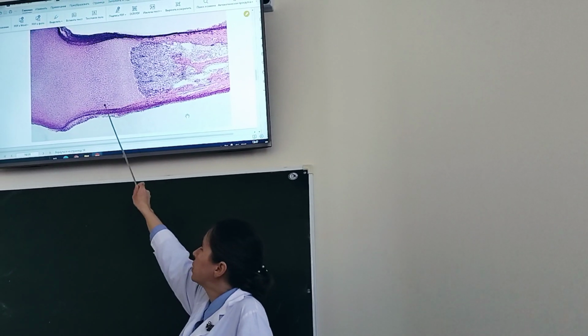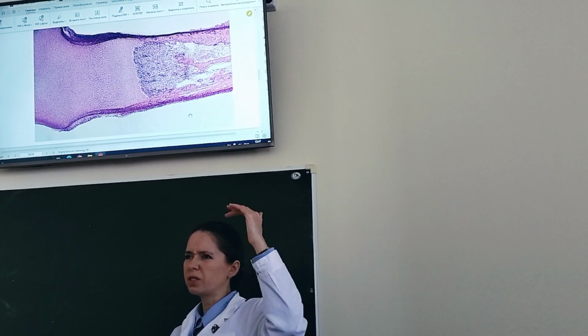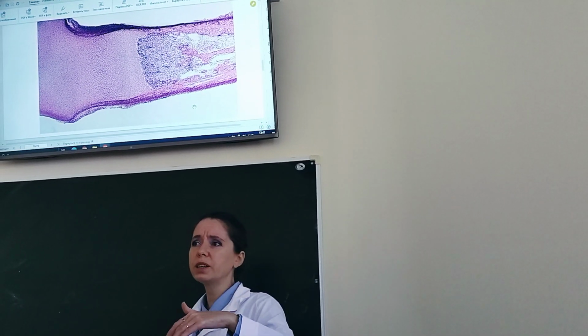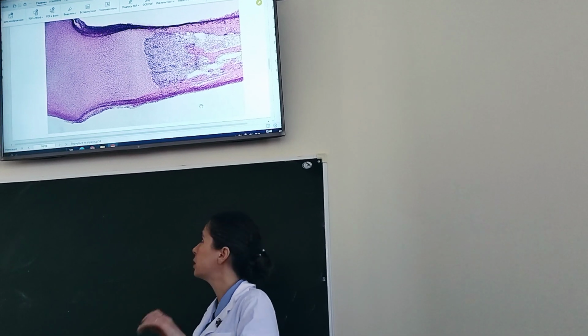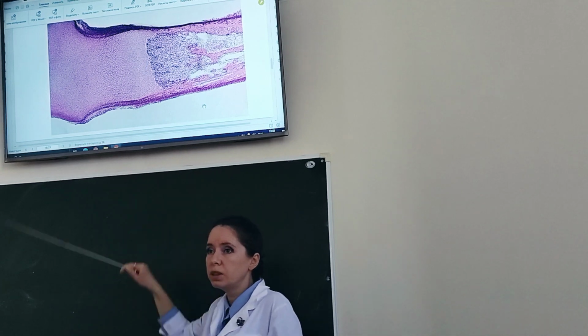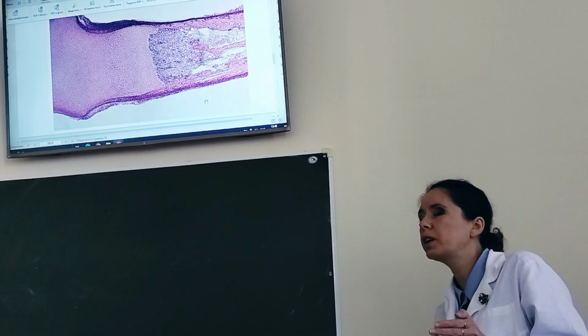It would be perfect if you remember the zones of cartilage: resting cartilage, proliferating, hypertrophic, mineralized. If you remember this, it would be excellent. And this is the ossification line, the margin, the border of ossification.